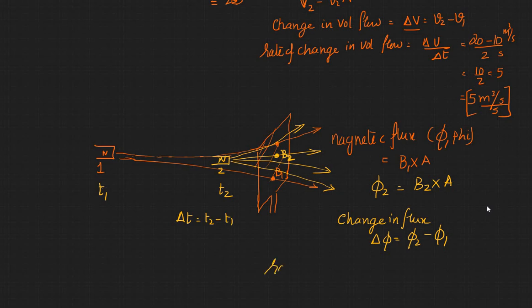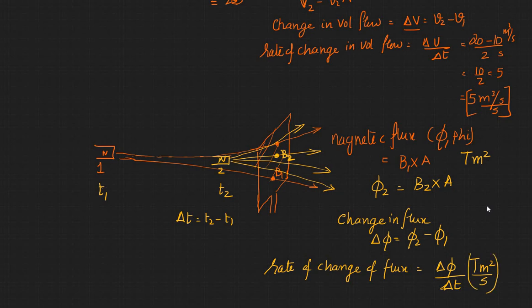So we say the rate of change of flux is equal to delta phi by delta t. Of course, the unit of phi is Tesla meter square. So we say it's Tesla meter square divided by delta t seconds. So this represents the rate of change of flux.